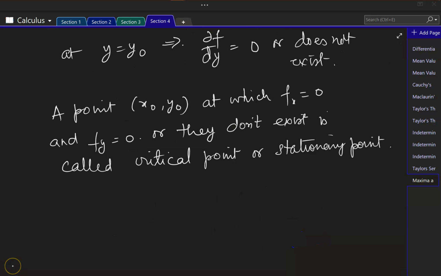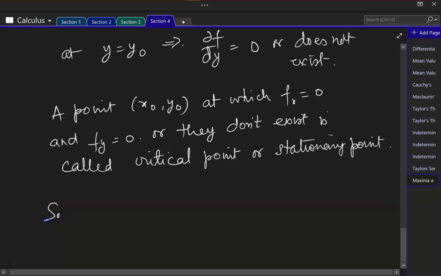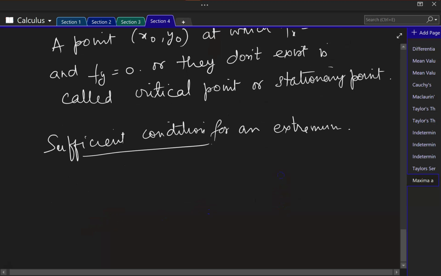Okay, now let's look at the sufficient condition for an extremum. How do we decide whether a particular point is an extremum? So z is equal to f of x comma y is a function of two variables.